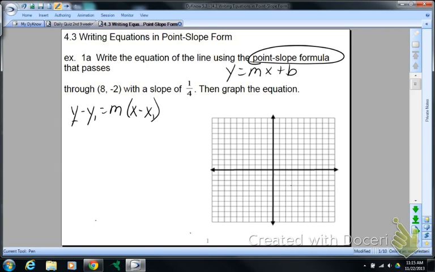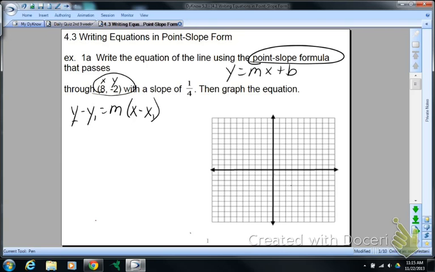But this y sub 1 that has a subscript, we are going to plug in a point. M, what does M stand for? Slope. We're going to plug in your M. This x stays x, and this x sub 1, we are going to plug in a point. So we're going to use this point. Now remember, with an ordered pair, this is your x, this is your y.